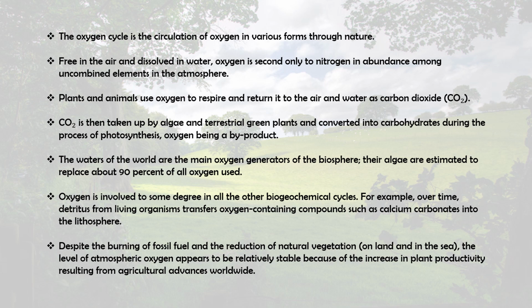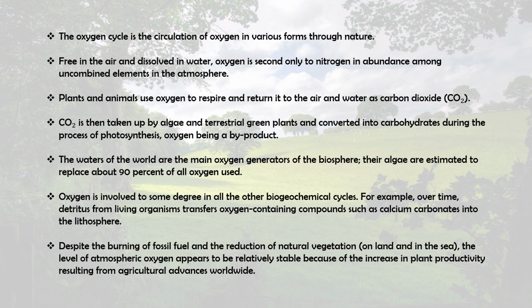Now we will discuss what the oxygen cycle is. The oxygen cycle is the circulation of oxygen in various forms through nature. The free oxygen is in the air, and it may be dissolved in water. Oxygen is second only to nitrogen in abundance among the elements in the atmosphere.